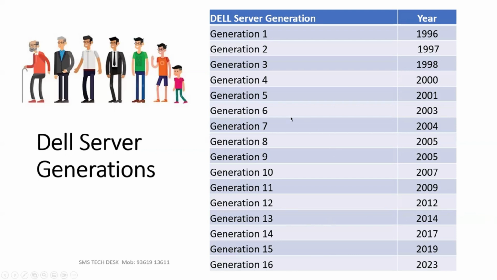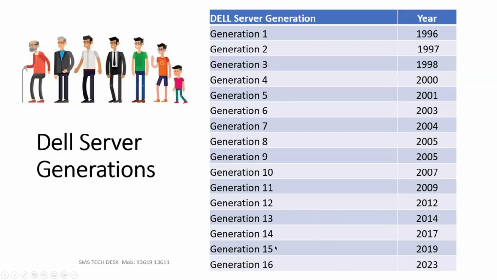So I explained that VxRail was introduced in the year 2016, right? Generation 13. Yeah, generation 13, because in 2016 that time the latest server was generation 13, right? So after that we have 3 more generations.